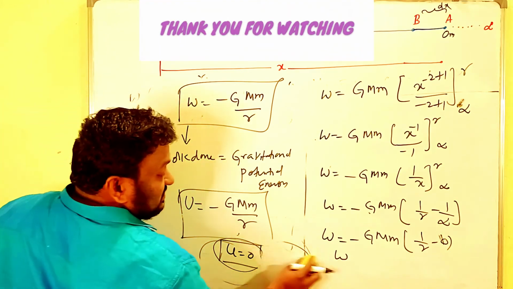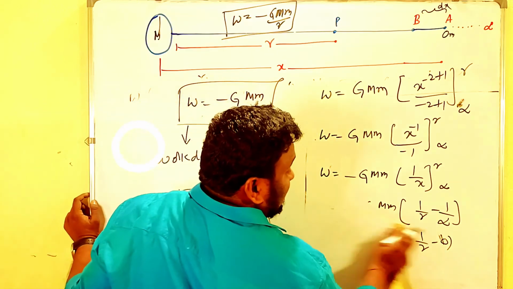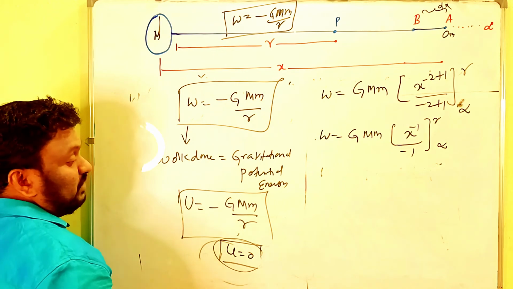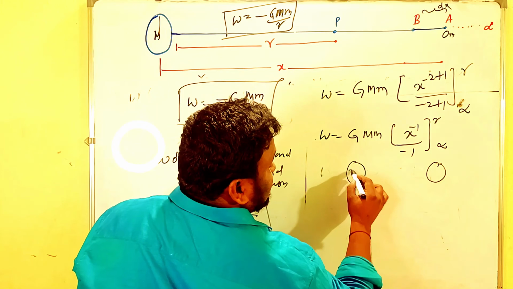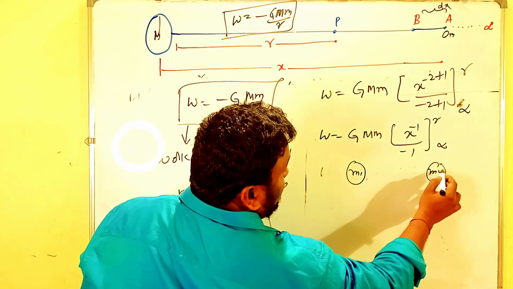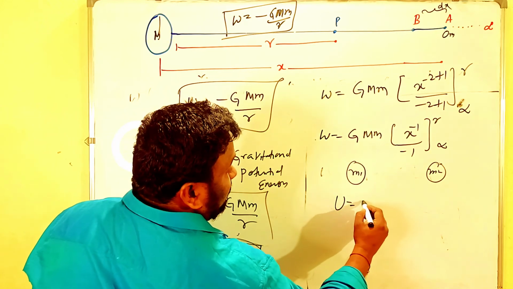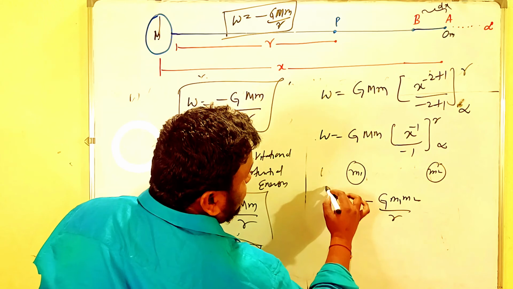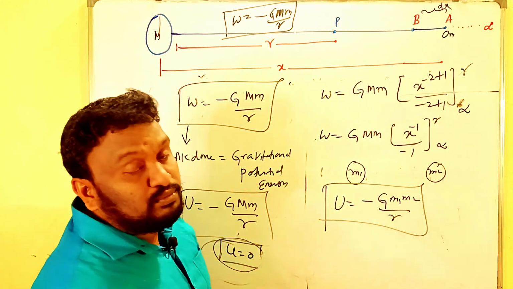So this amount of work done is nothing but gravitational potential energy, U is equal to minus G M m by r. If you take two particles, one with mass m1 and the next with mass m2, then the gravitational potential energy is given by minus G m1 m2 by r. So this is about universal gravitational potential energy.